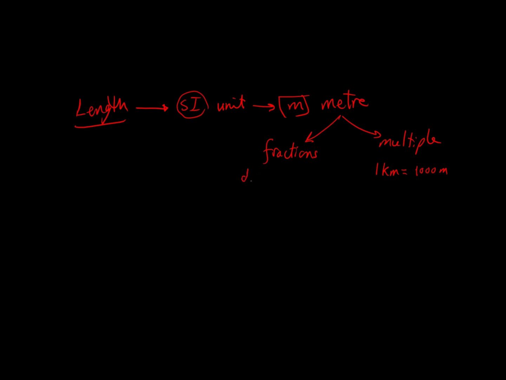For example, the decimeter equals 0.1 meter. The centimeter equals 0.01 meter. Millimeter, we add another 0. So the decimeter is 1 over 10 meter, the centimeter is 1 over 100, and the millimeter is 1 over 1,000 meter.